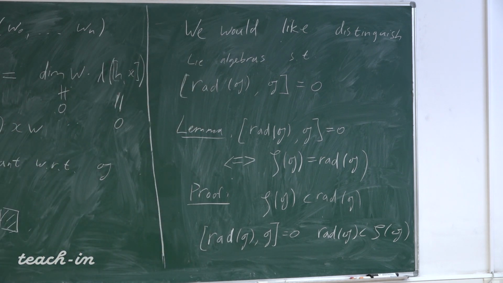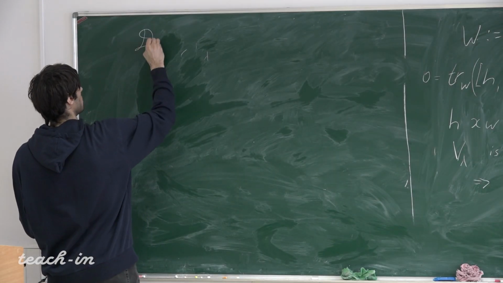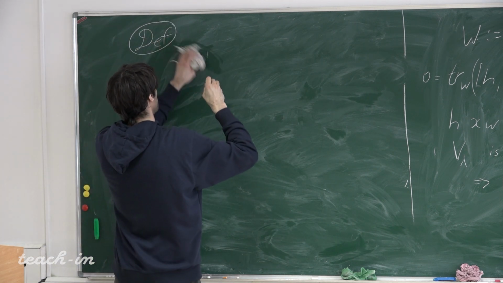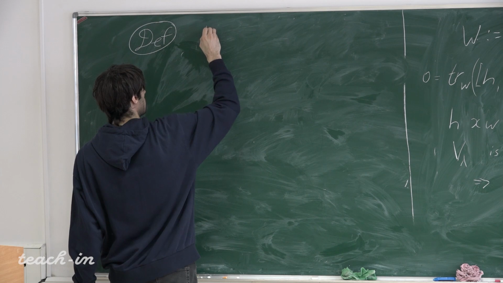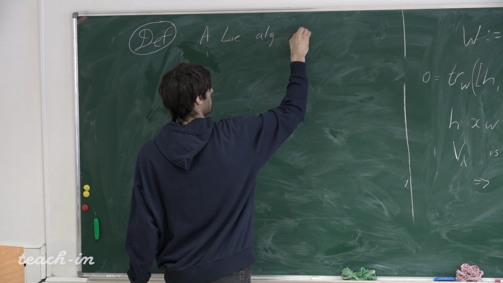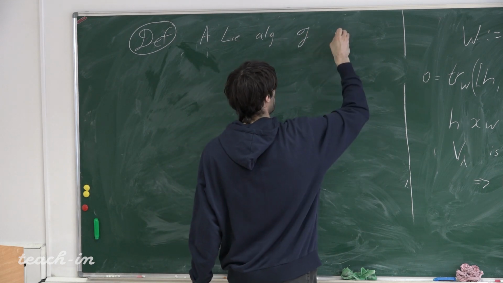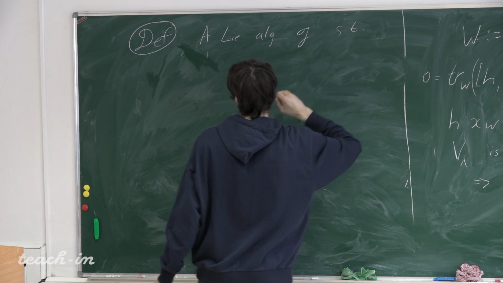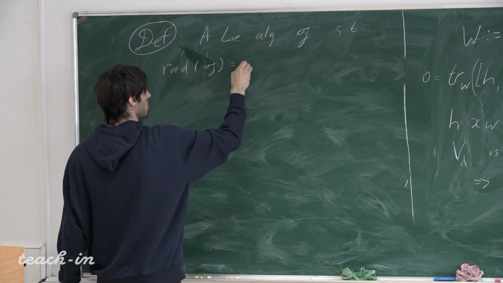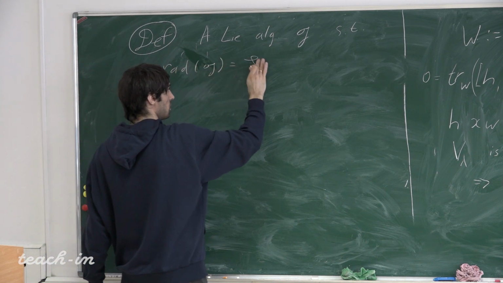So, definition: a Lie algebra G such that the radical coincides with the center.